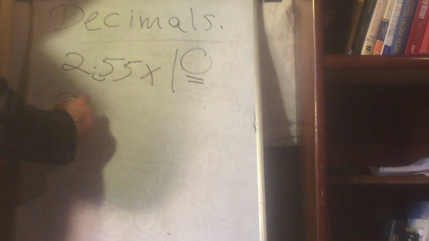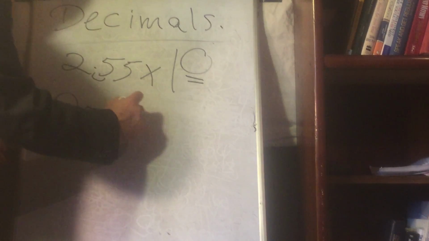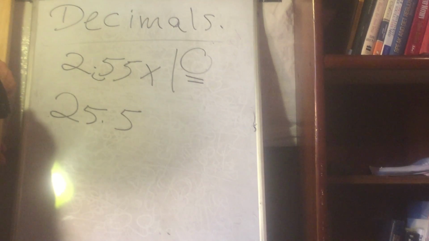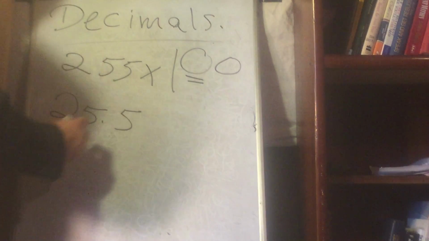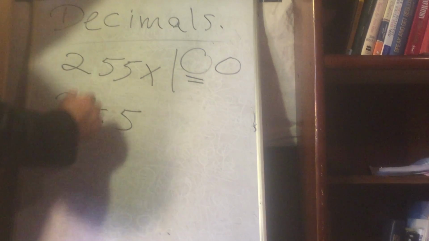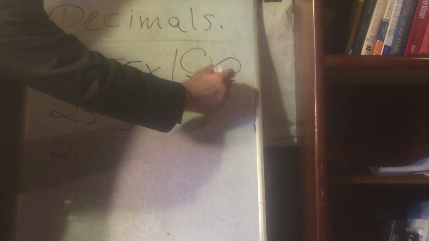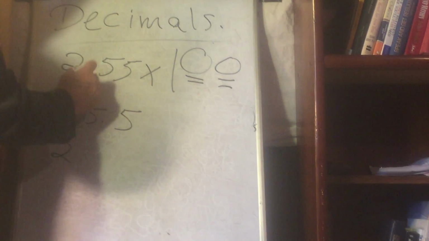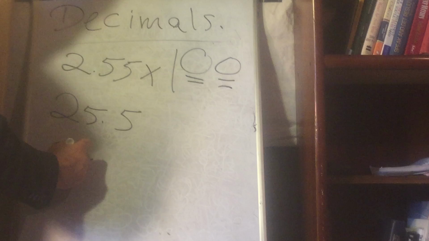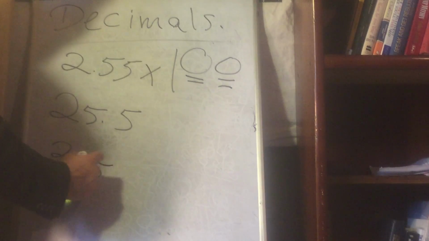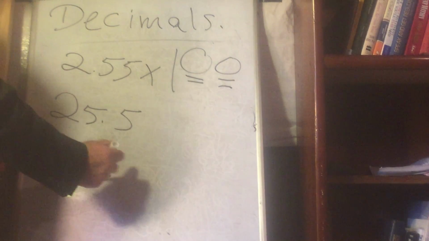So the answer is 25.5. If we multiply by 100, we move the decimal point to the right twice. 2 zeros means 2 locations. So here becomes 255 for 100.